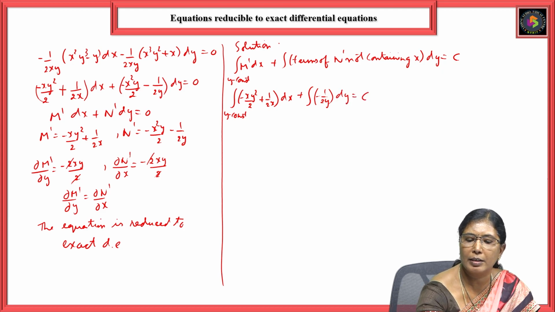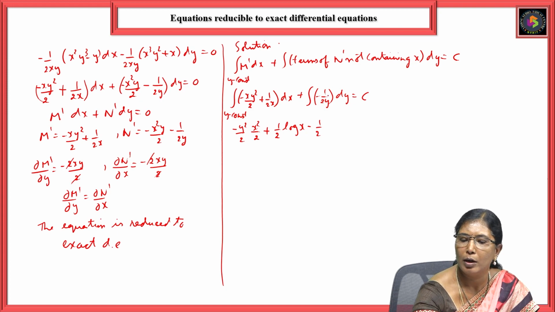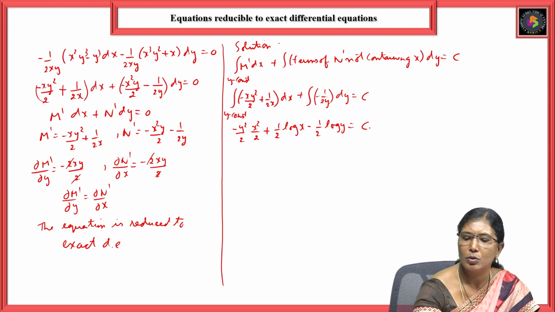Integrating with respect to x, keeping y constant: minus y^2 by 2 is constant, integration of x is x^2 by 2, plus 1 by 2 integration of 1 by x is log x, minus 1 by 2 integration of 1 by y is log y, is equal to c.